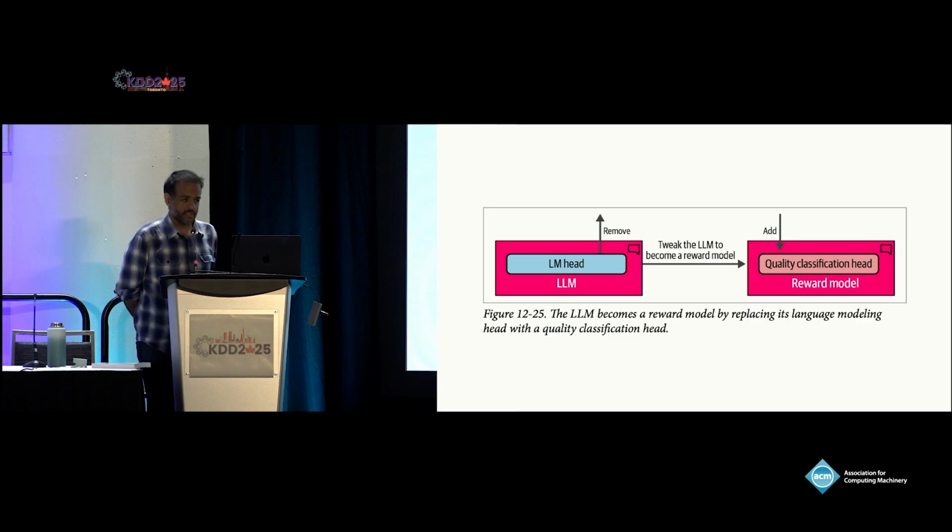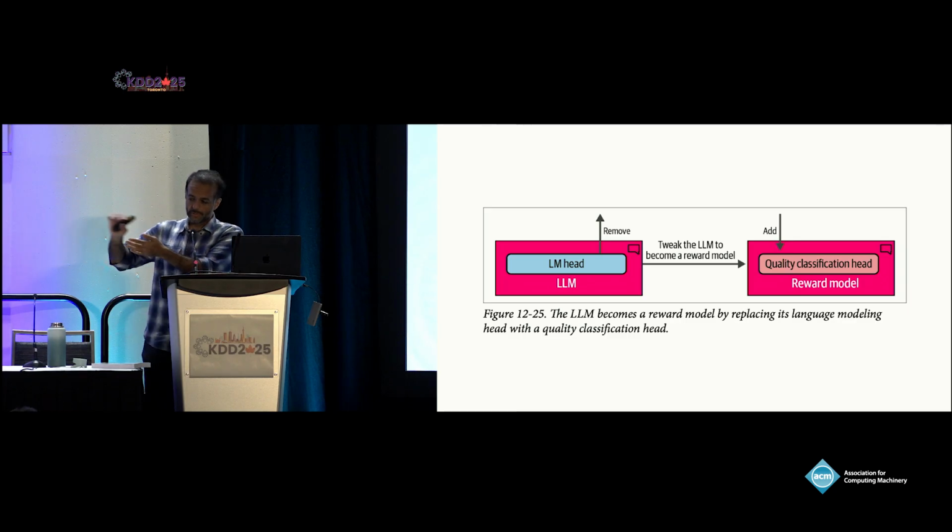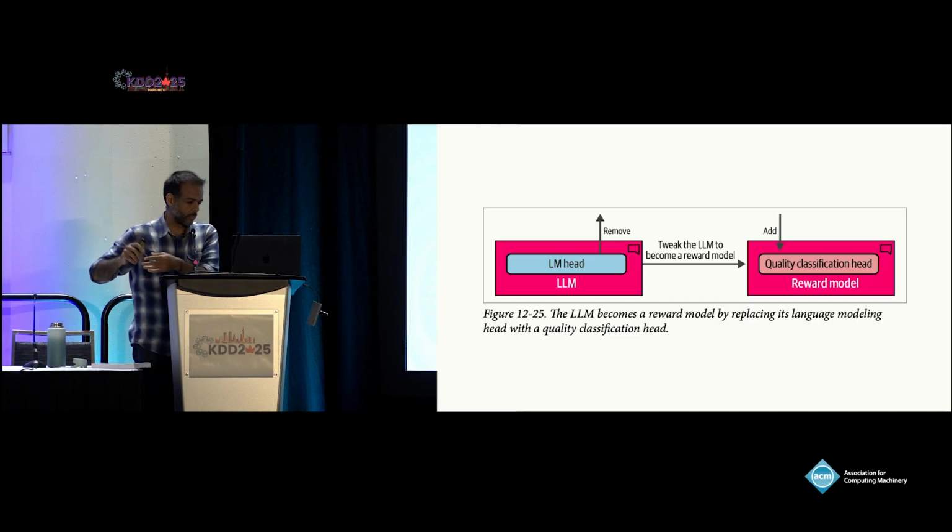The way that it's automated is by creating what's called a reward model. A reward model can take many shapes, but one of the more common ones when these started out is a classifier. You take the same language model, you remove the neural network at the very top, which was just used to predict the next token, and you add a classification head. So that becomes your quality classifier.